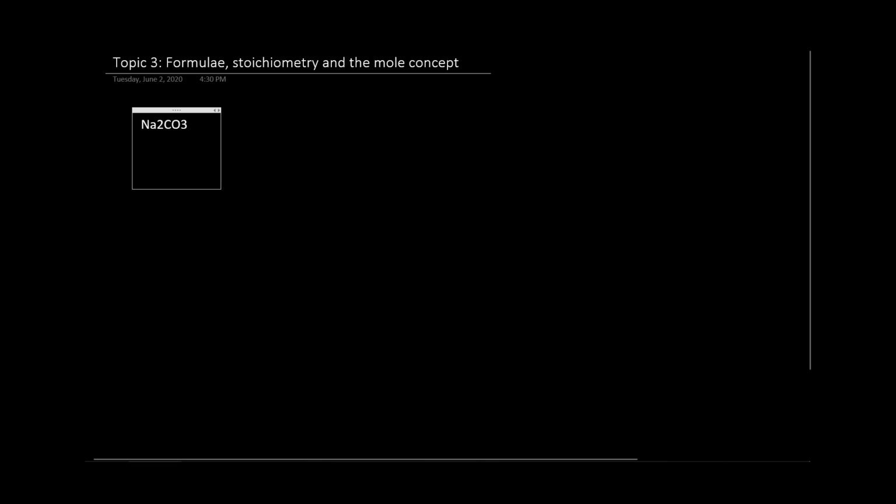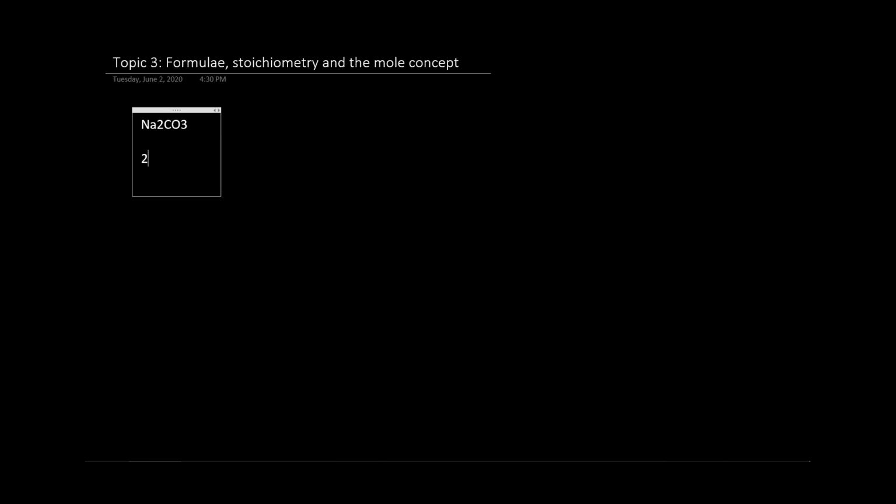So we have 2 atoms of sodium here, and as we can recall, the relative atomic mass of sodium was 23. So the total mass of sodium in sodium carbonate will be 2 into 23. It's pretty easy.